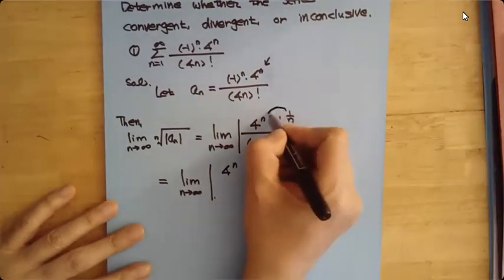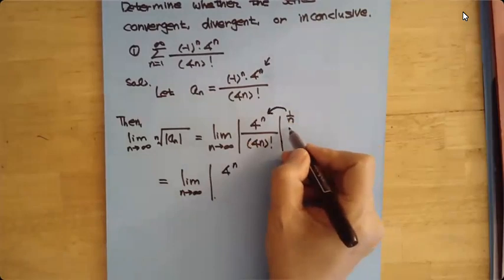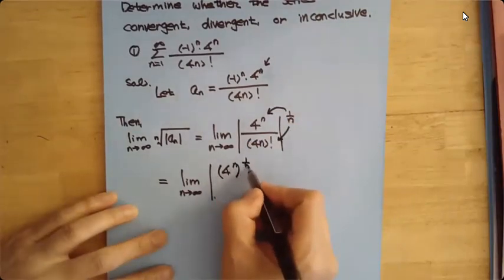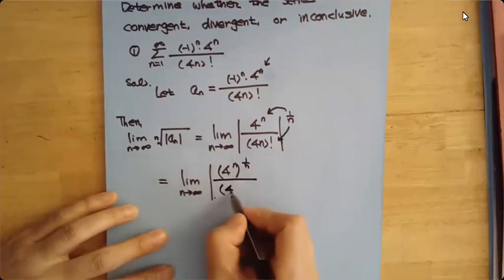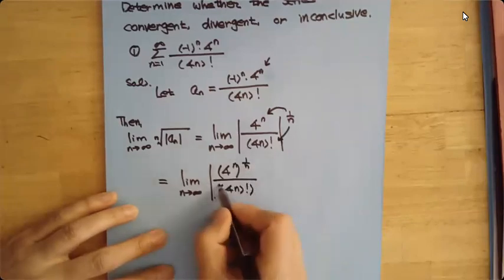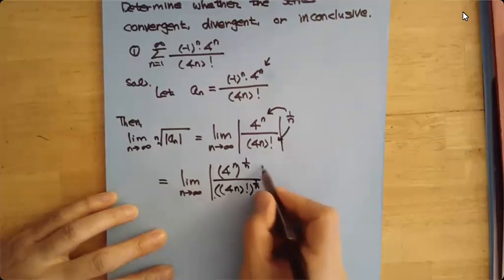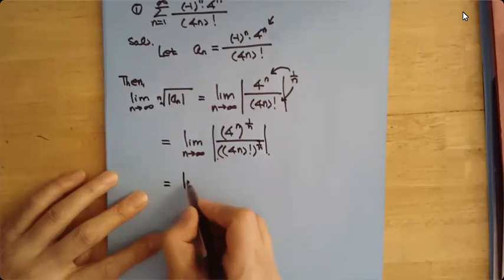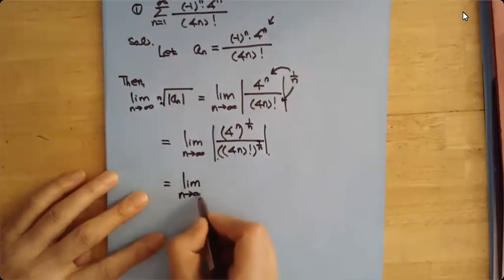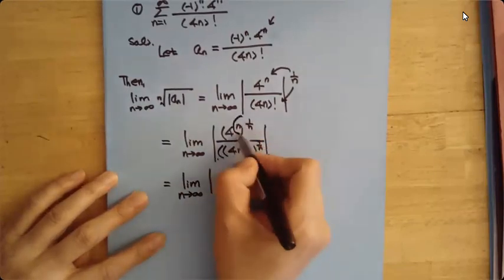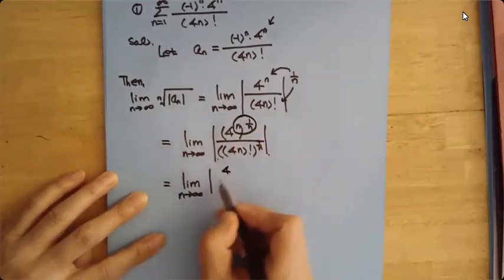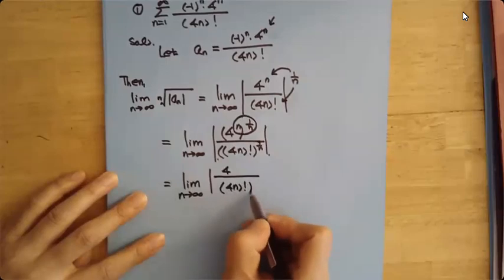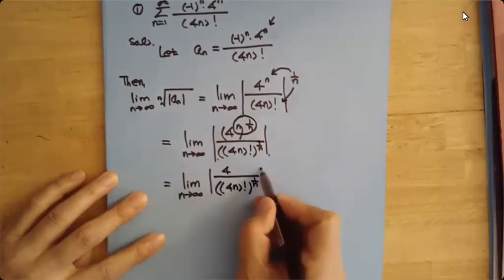We can apply this power to the numerator and denominator. So (4^n) to the 1 over n power over ((4n) factorial) to the 1 over n power. So that becomes limit n goes to infinity, and these two will multiply together, so 4 over ((4n) factorial) to the 1 over n power.